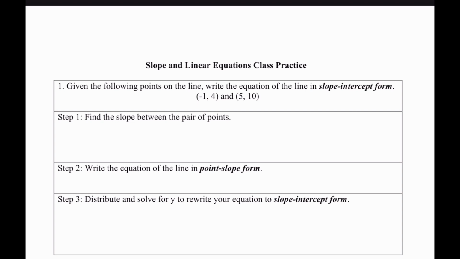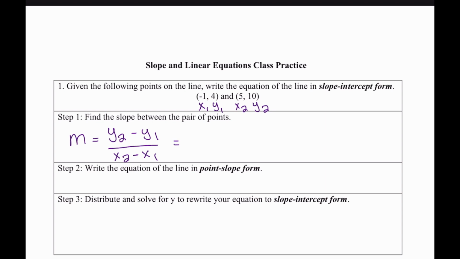So let's get started. To find the slope between two pairs of points, we use the formula y2 minus y1 all over x2 minus x1, which means we need to label our points x1, y1, and x2, y2.